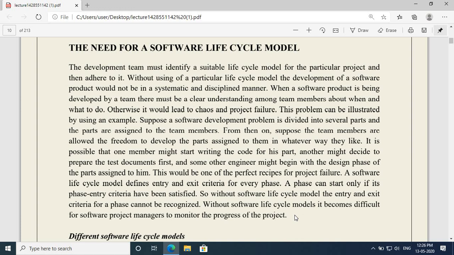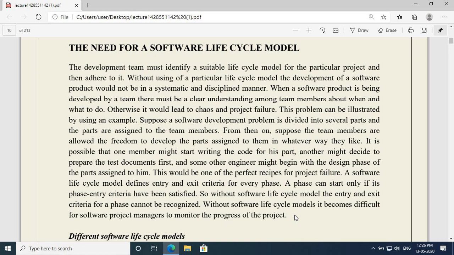So what is the need? For example, the software is divided into different modules, and different modules can be assigned to different people of the team, and every team member is allowed the freedom to develop whatever they want.